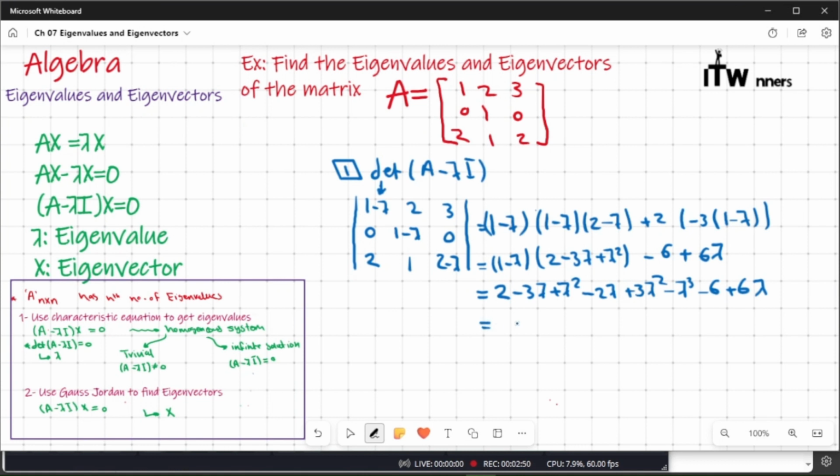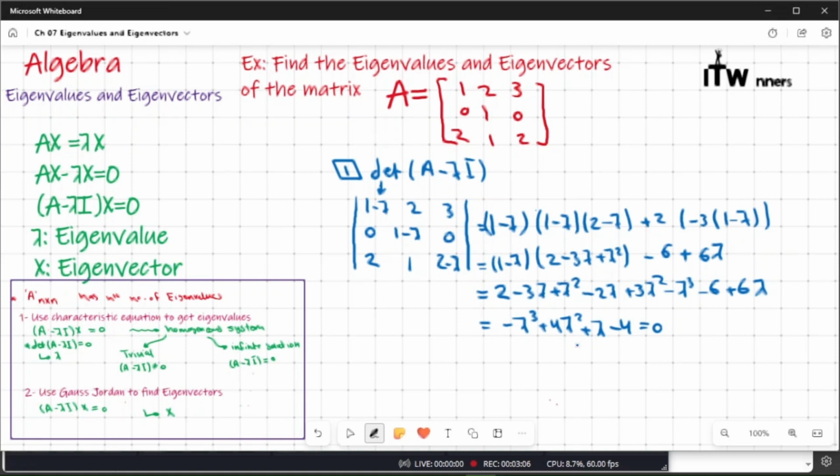This will be equal to negative lambda cubed plus 4 lambda square plus lambda minus 4 equal to 0.